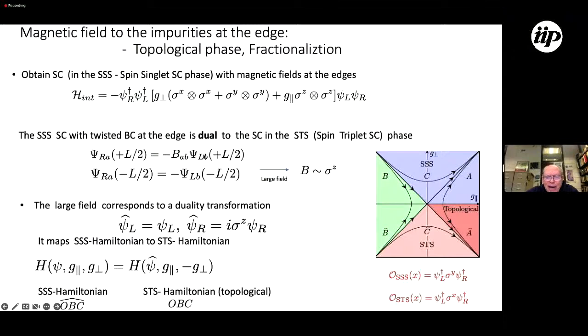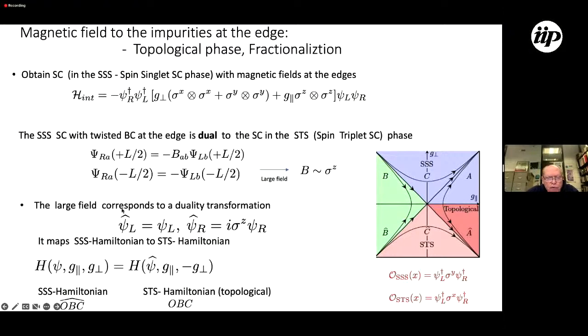So this is the magnetic field at the right edge, where I did not put yet any magnetic field on the left edge. And for very large magnetic field, this twisting boundary condition is like the operator sigma z.